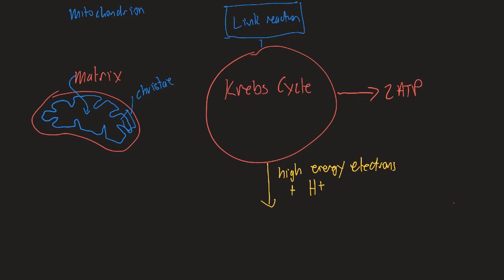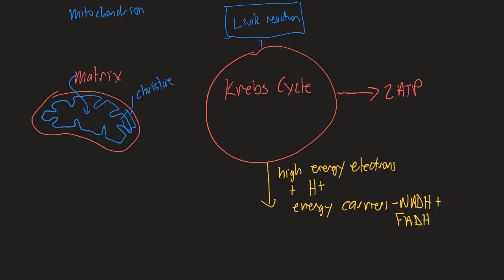So this is what we've produced: high energy electrons and protons. Now these are picked up and carried to the next part of the process in energy carriers. 2 energy carriers, NADH, and the other one is called FADH.